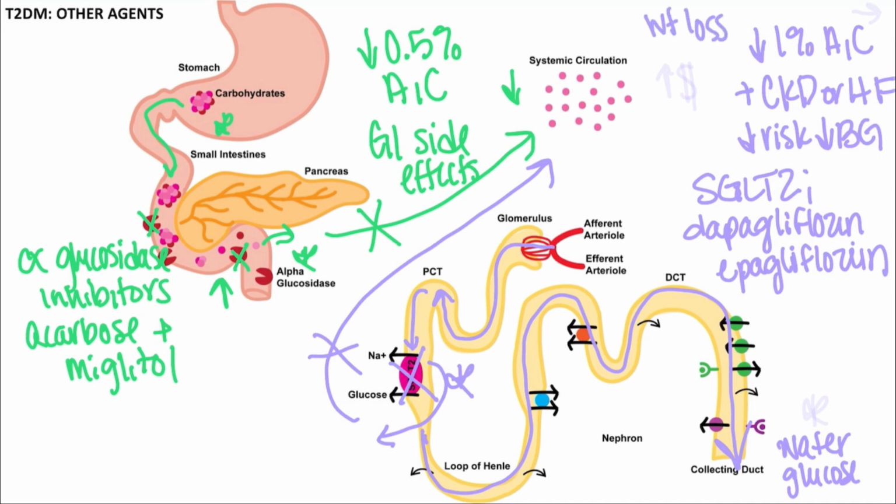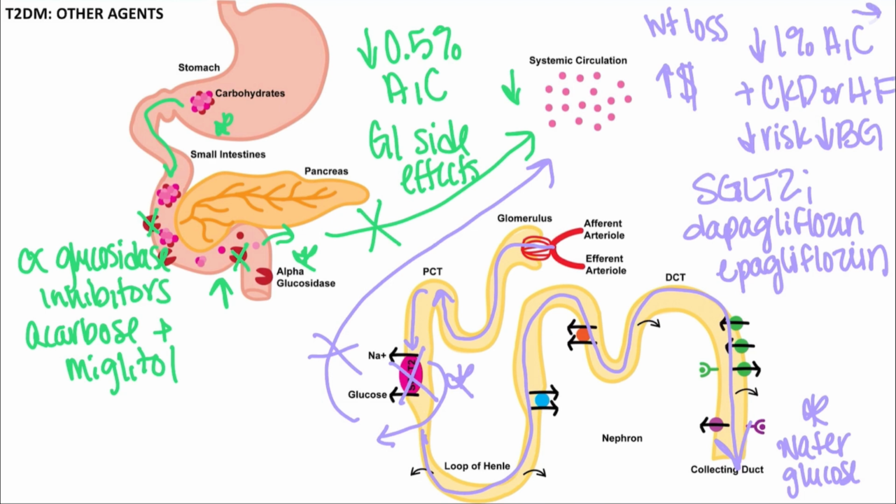Some of the major downsides are these are newer agents, so they are very expensive. And because of its mechanism of action, this increase in glucose excretion increases the risk of mycotic genital infections as well as dehydration. And this class of agents have become a first-line option, especially for those individuals that either have a risk of or established renal or cardiovascular disease.